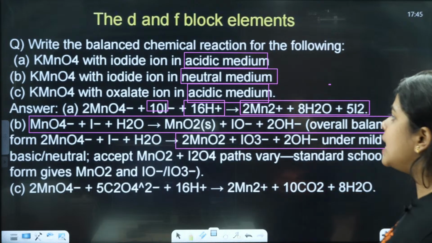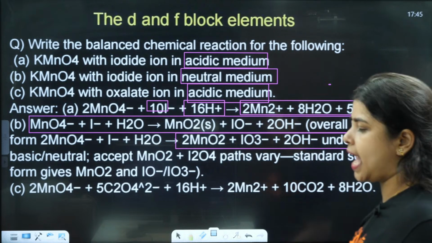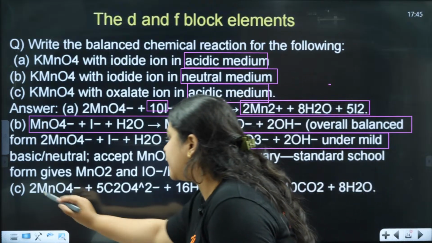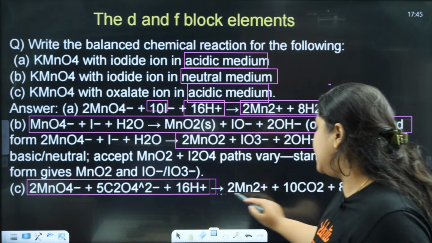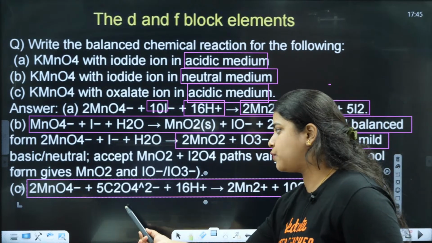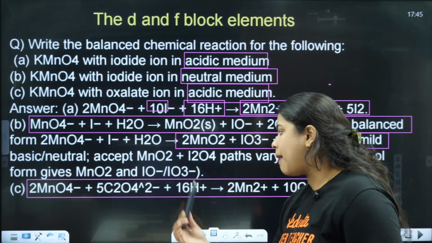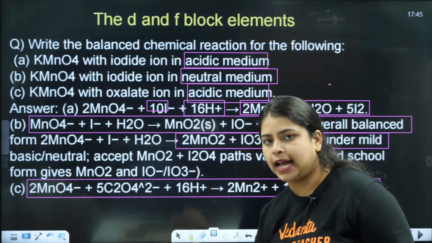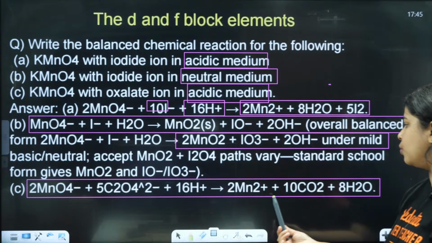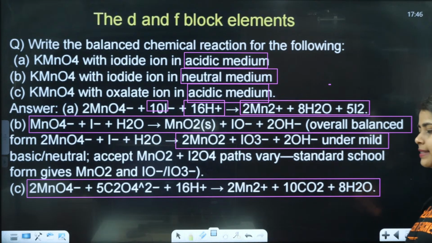Okay, last one is oxalate ion in acidic medium. 2MnO4- reacts with 5C2O4 2-, with electrons being gained. Then with 16 hydrogen ions it forms 2Mn2+, 10CO2 plus 8H2O.